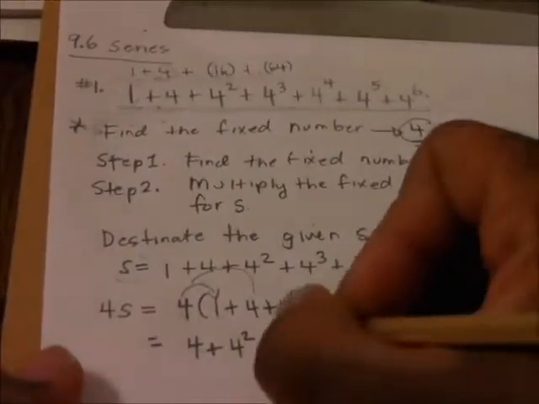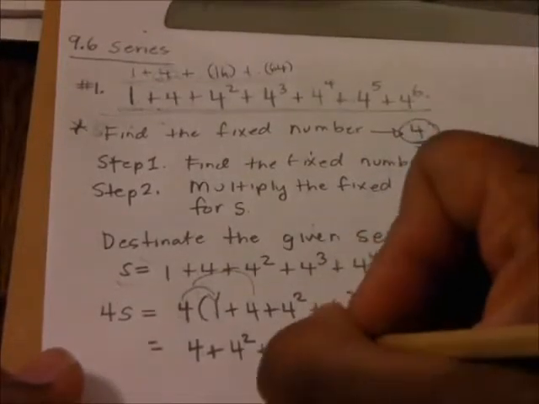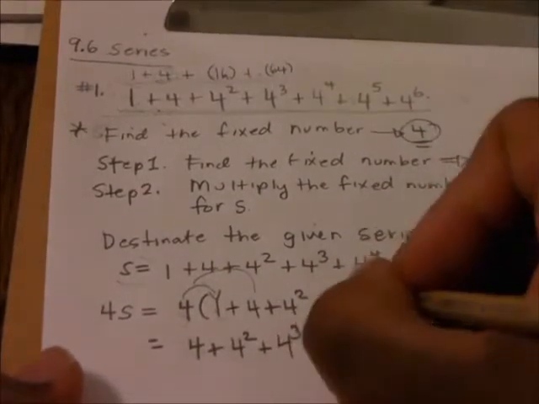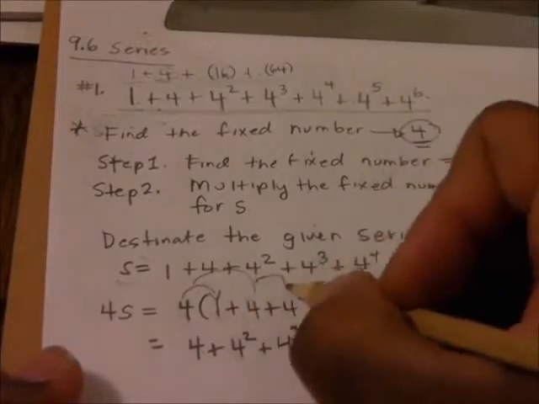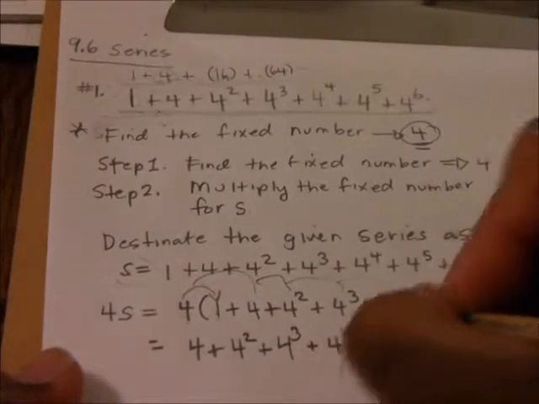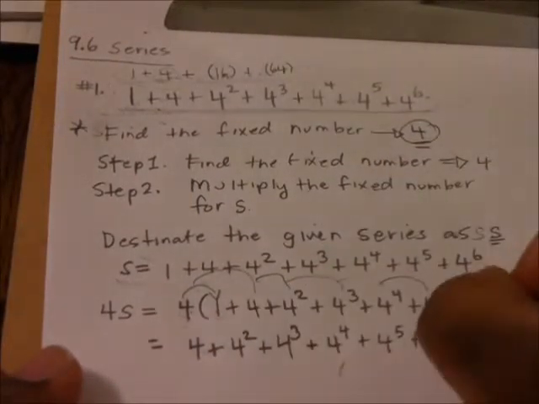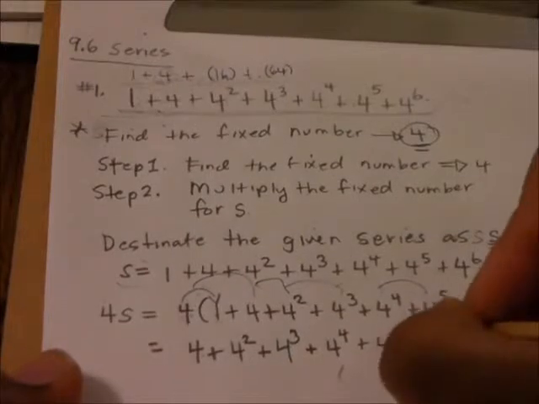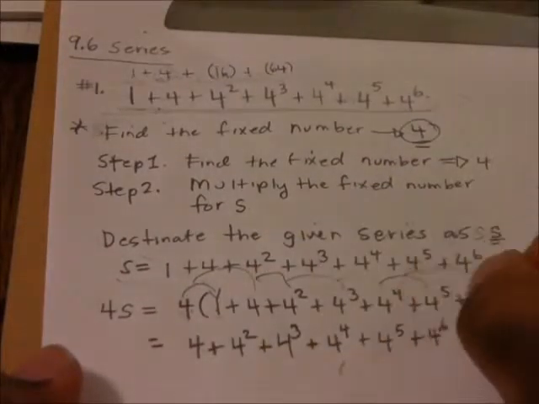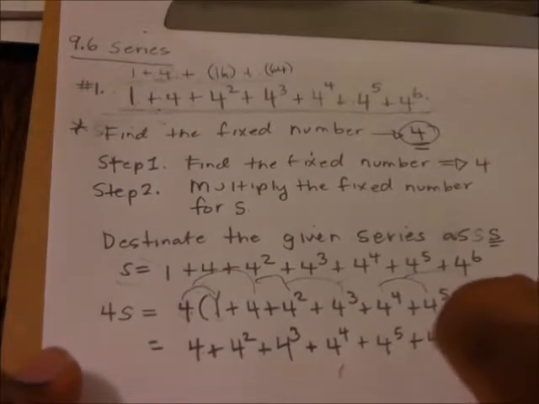So we have 4 to the third plus 4 to the fourth plus 4 to the fifth plus 4 to the sixth plus 4 to the seventh.